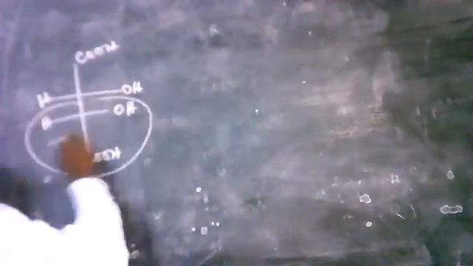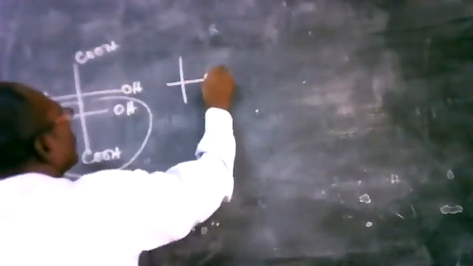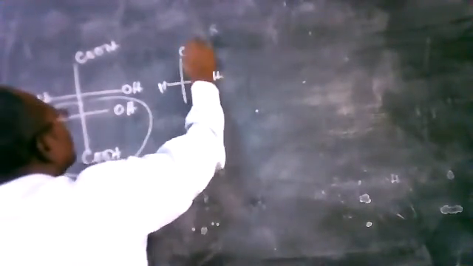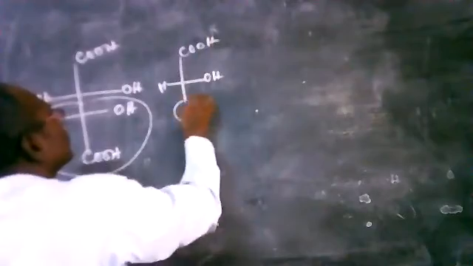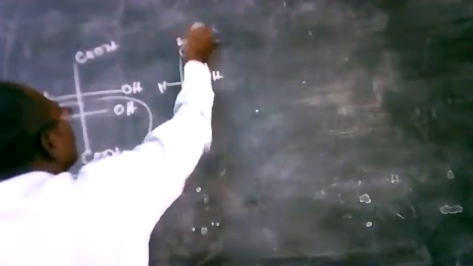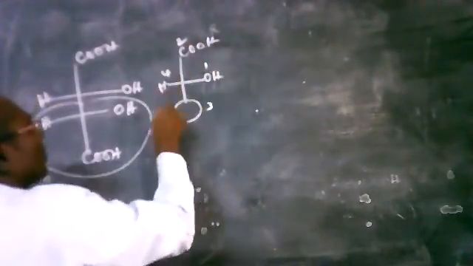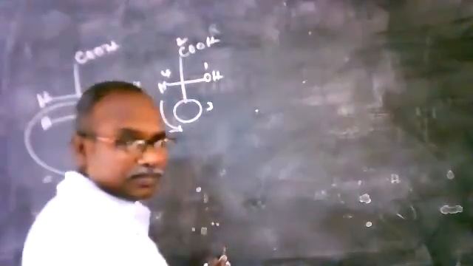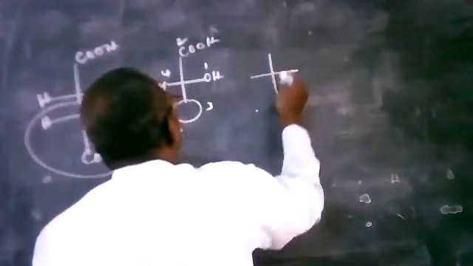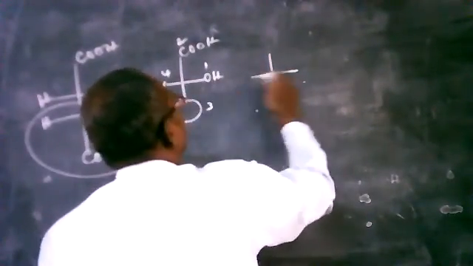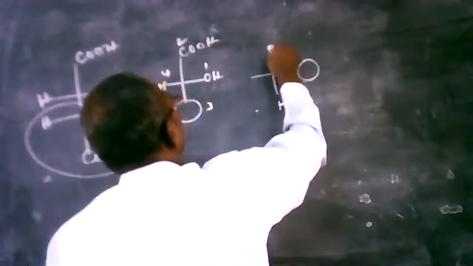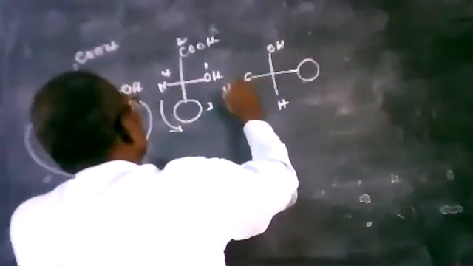OH, OH, H, COOH, COOH. Take this entire group as a group. So OH, H, COOH, and then this group becomes 1, 2, 3, 4. This has to be brought here. So what you are getting is H, and then the group here, OH here, COOH here.